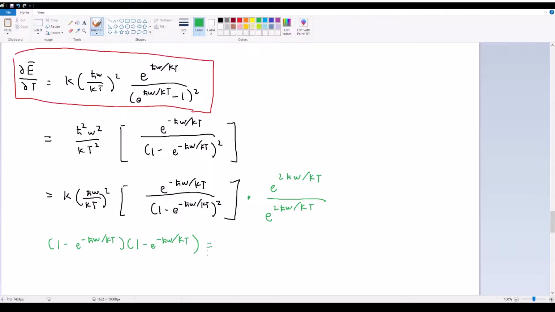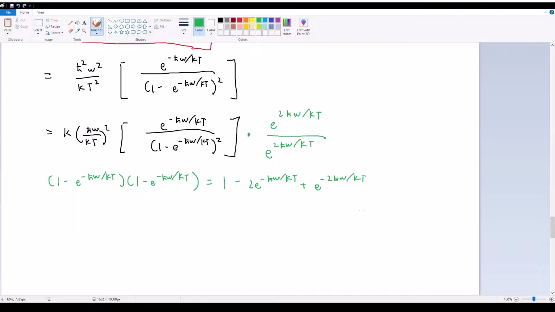This is going to equal 1 minus 2e to the negative h bar omega over kT, I believe. Yeah. And then plus e to the negative 2h bar omega over kT. Like that. Is that correct?